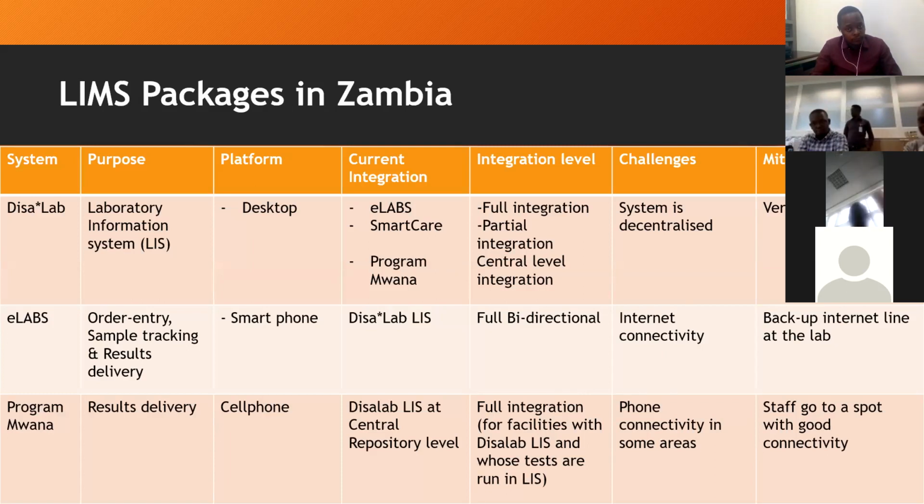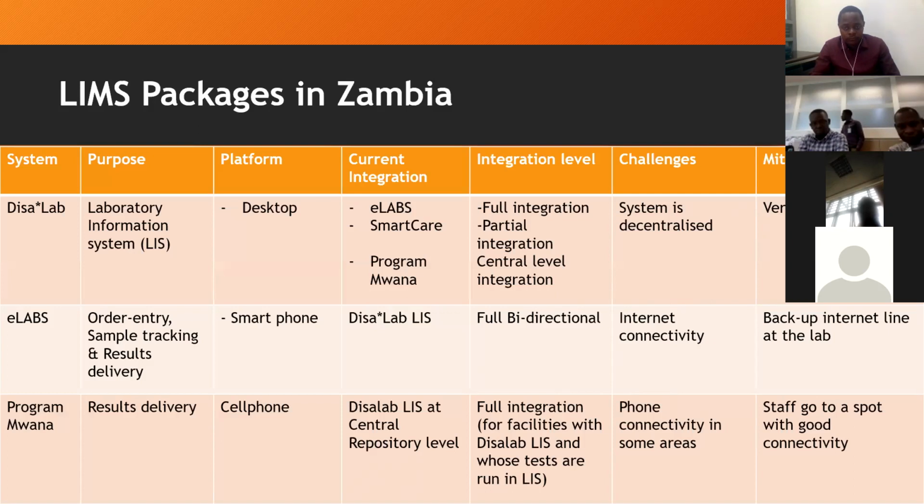And on Program Mana, it is on partial integration central level, as well as on Smart Care. The challenge with the DISA Lab system is that it's decentralized. However, it can be mitigated through version management.